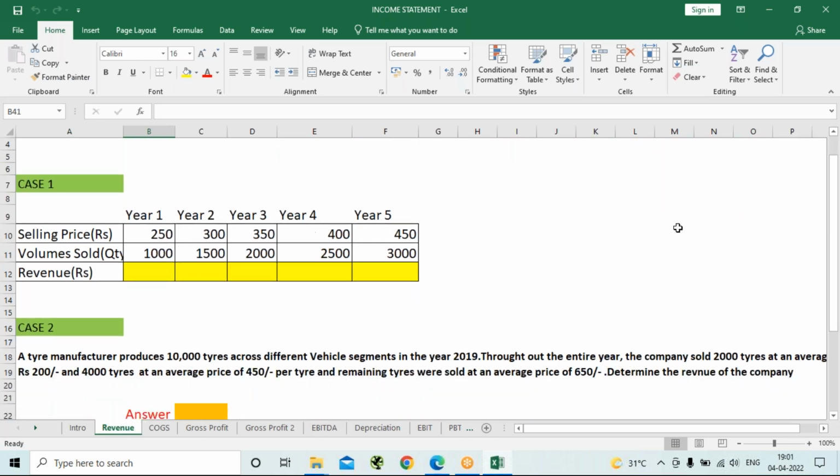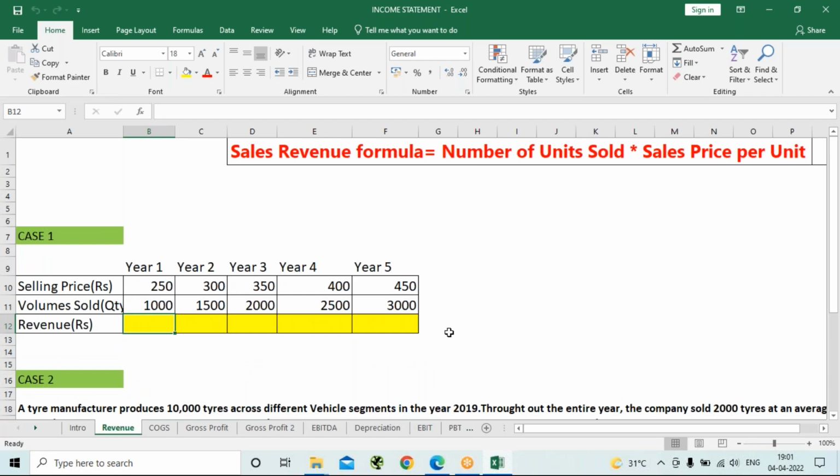So now let us calculate this. Can anyone let me know what the revenue value over here could be? How do I calculate this, based on the formula given?